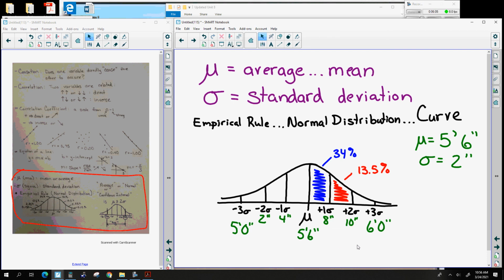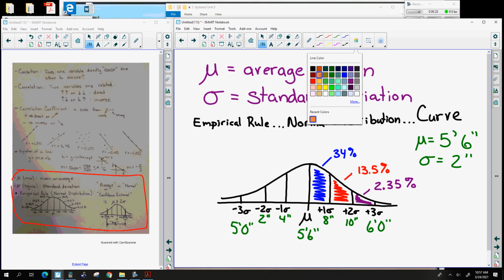Continuing on with the important numbers. This next bar, which is smaller, is 2.35%. And then that last little sliver, I'll write it in orange. Everything going out that way forever and ever is 0.15%.